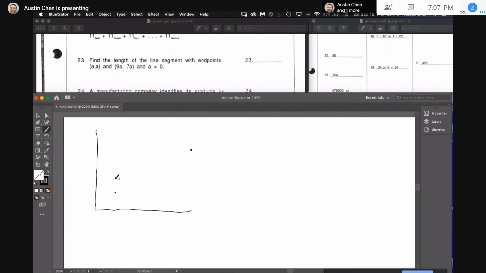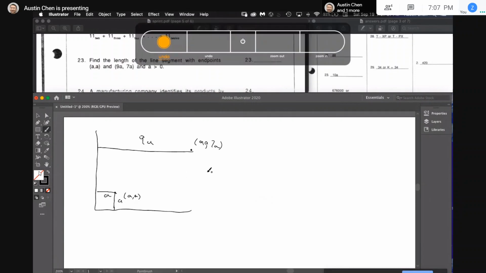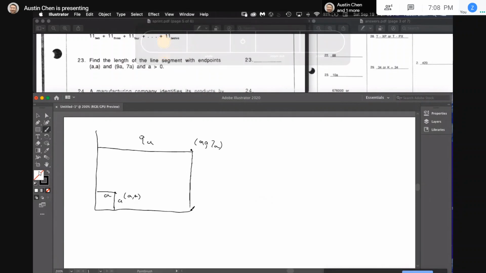This height is a, and this horizontal length is also a, by the coordinates of this point. The coordinates of this other point are (9a, 7a), so this horizontal length is going to be 9a, and this vertical length is going to be 7a.